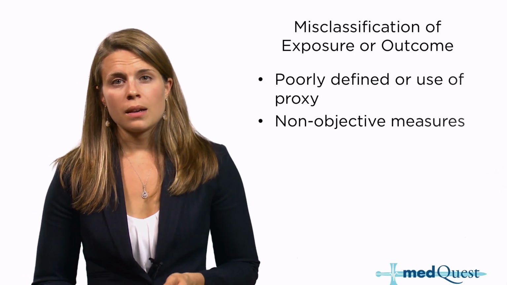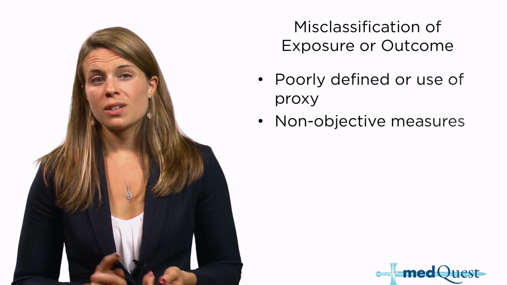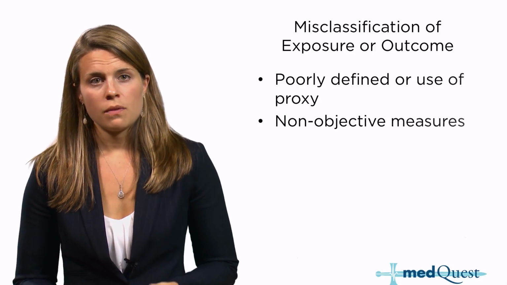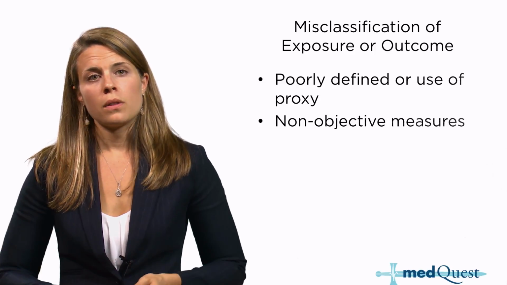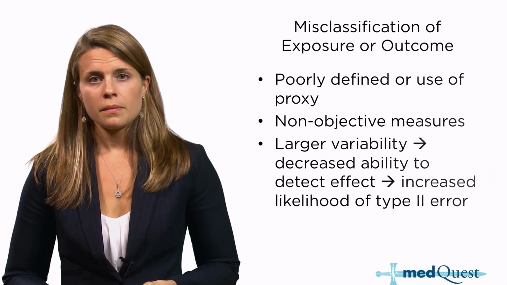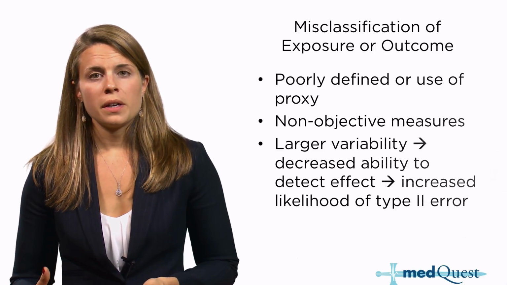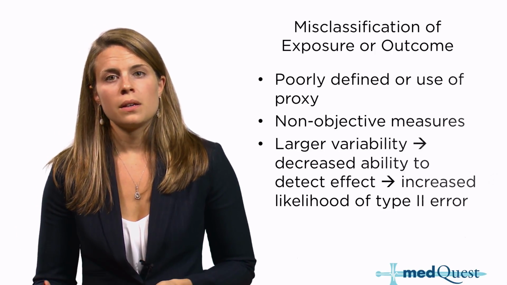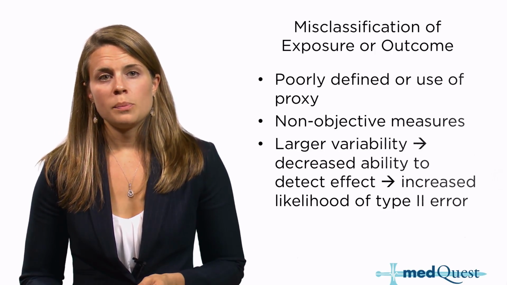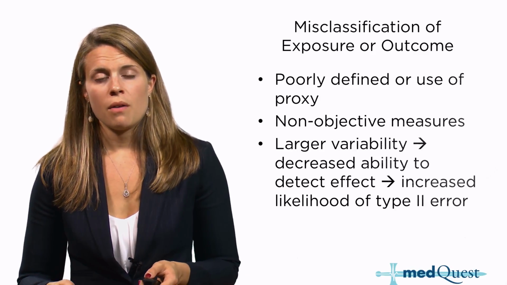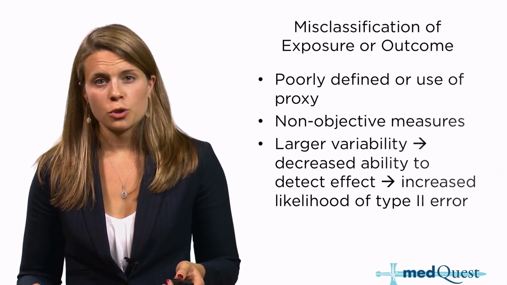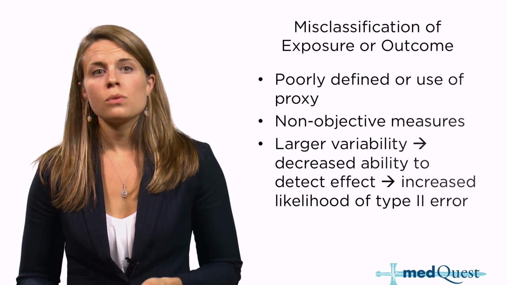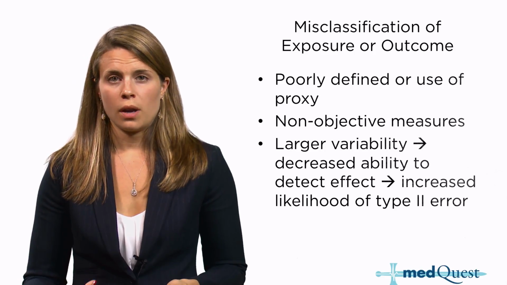So using non-objective measures, so subject self-report, for example, will increase the likelihood of misclassification of an exposure or an outcome depending on the study that you have in mind. Again, a larger variability leads to a decreased ability to detect an effect, which can increase the likelihood of type 2 error. So this is going to be extremely important if you have a very poorly classified exposure or outcome. You're going to get data points that are all over the place, and that will make you less likely to actually detect the effect that you're trying to detect.